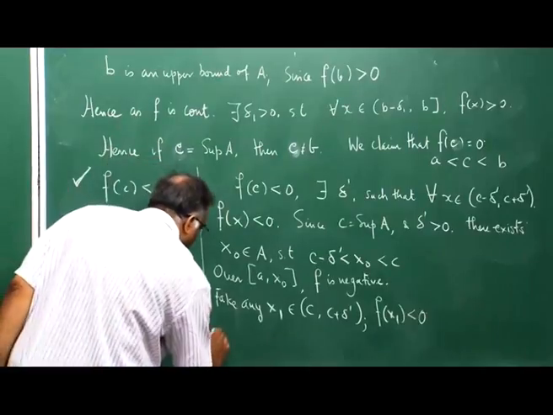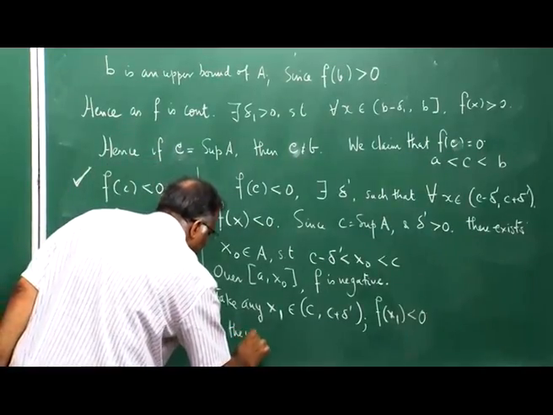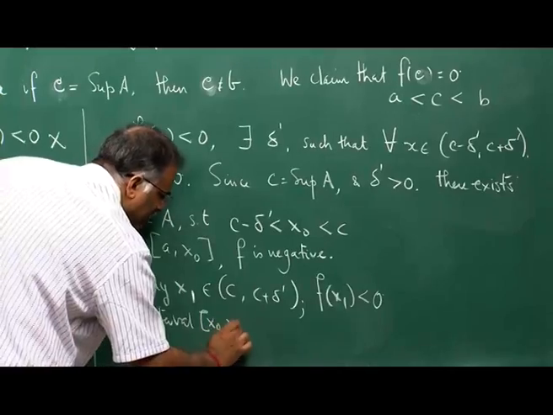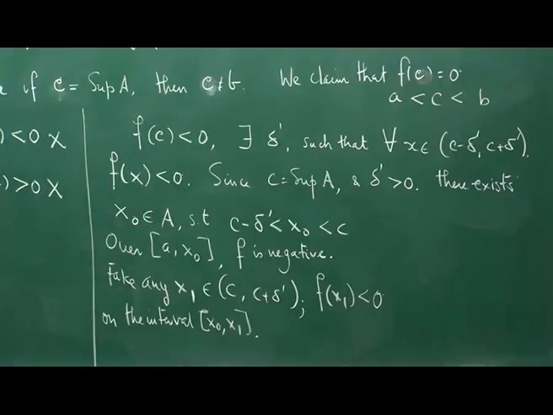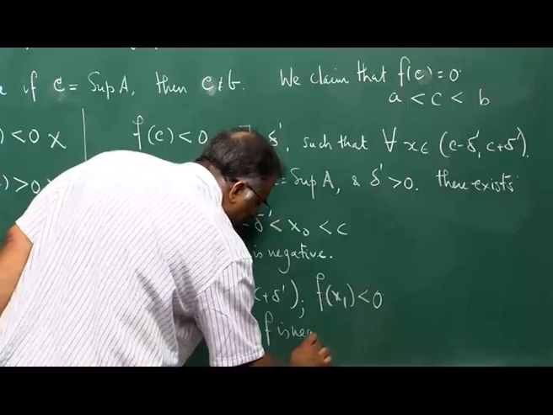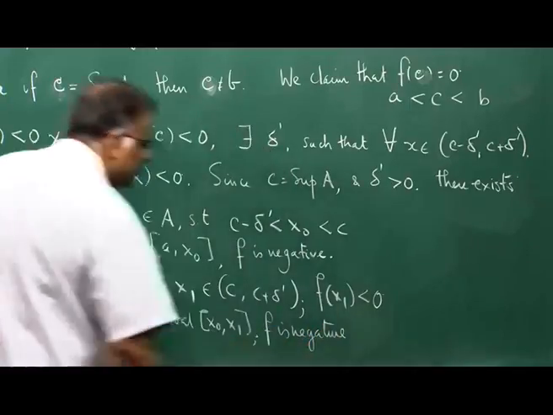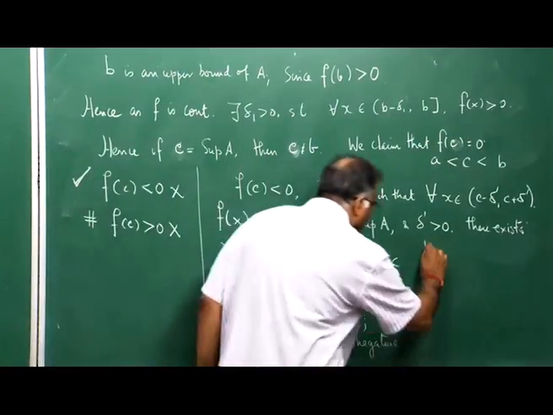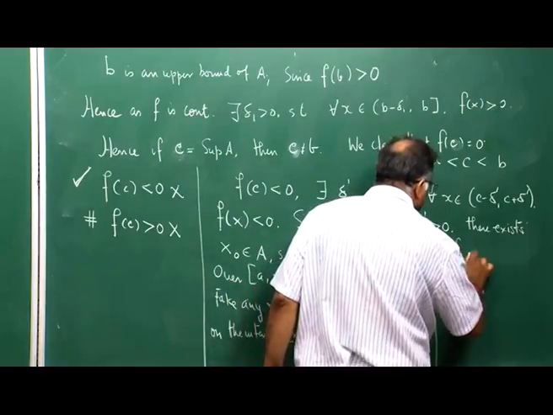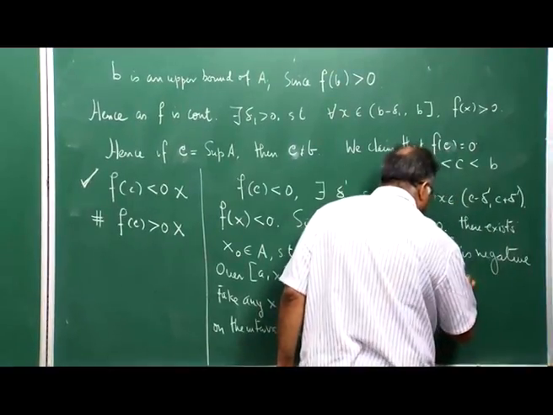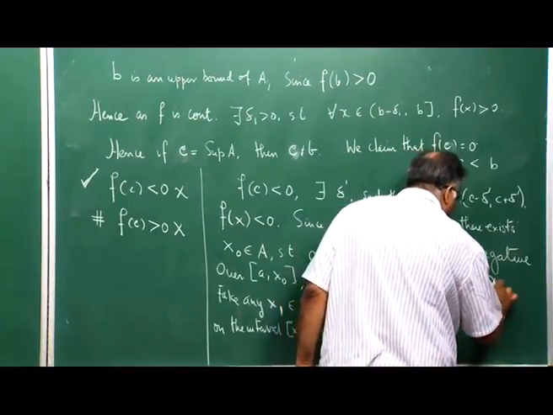So on the interval x naught to x1, f is negative, and you know on the interval a to x naught it is anyway negative. So what does it mean? It implies that f is negative on a to x1.